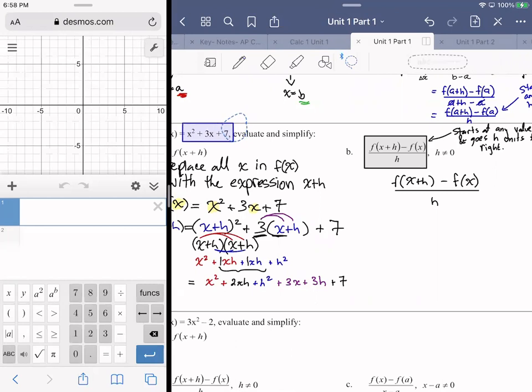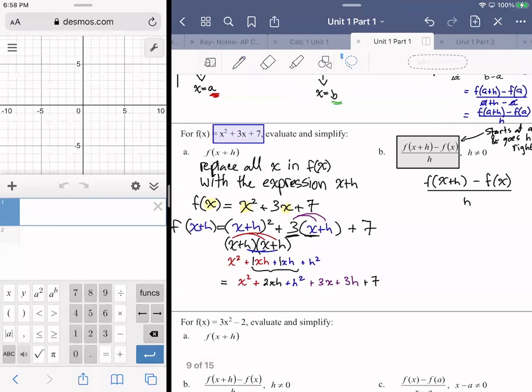That's what f of x is equal to. They told us that right in the beginning. So we know that. So we're able to substitute f of x out and replace it with its true expression. We just figured out what f of x plus h was. And that's this one over here.